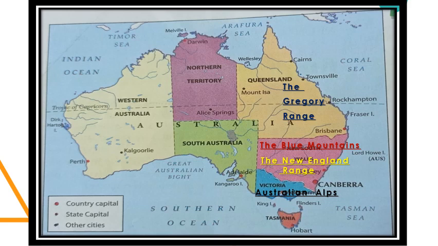Now, the highest peak of this Eastern Highland is Mount Kosciuszko, and it is 2,228 meters above sea level. This Mount Kosciuszko is also in this Eastern Highland.